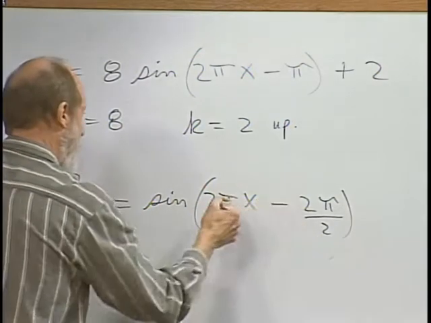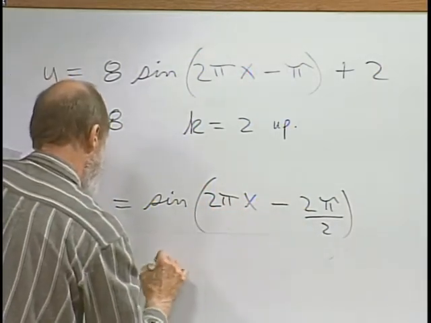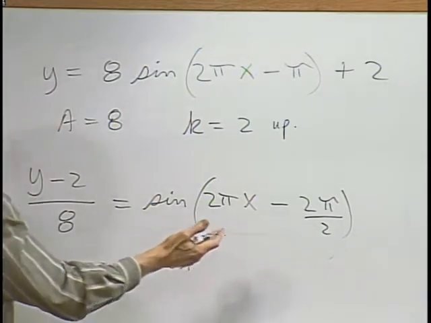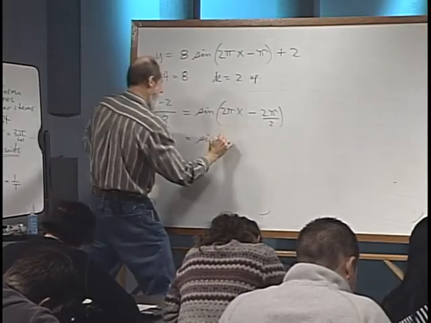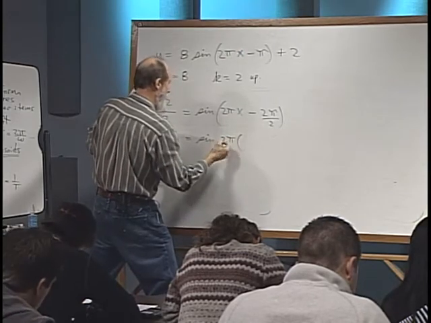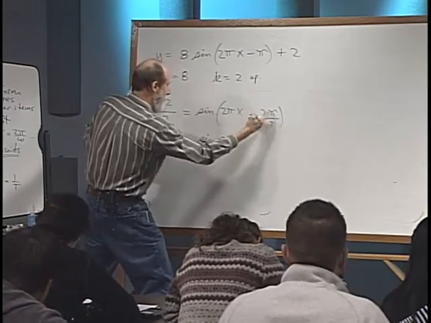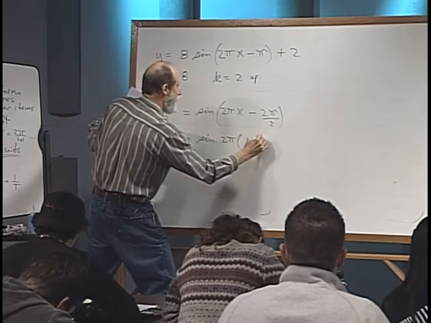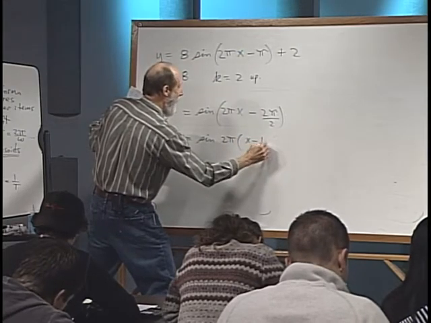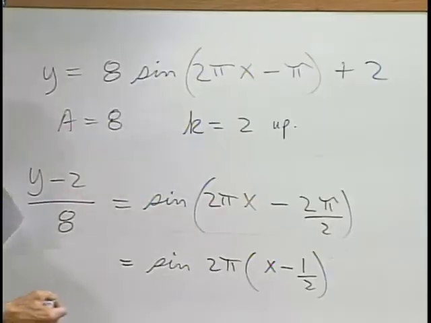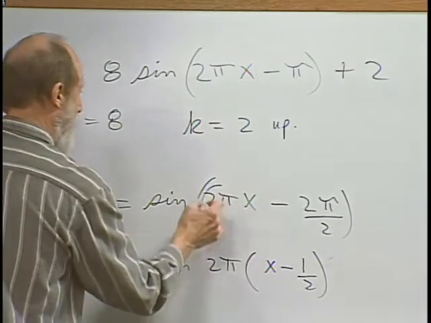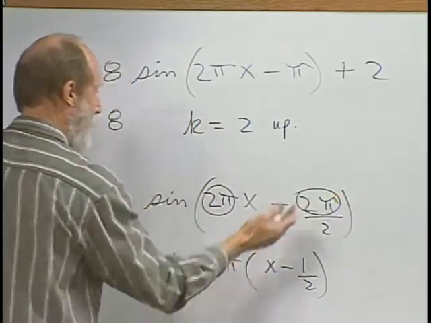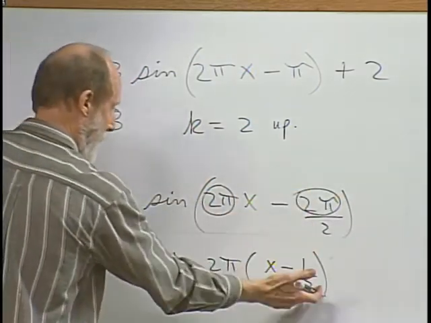Now I'm going to factor out 2 pi, and I'm just paralleling what I showed you previously with omega and phi. I'm now going to factor out the 2 pi inside there with the angle, and 2 pi comes out, and I'm left with x minus 1/2. 2 pi and 2 pi factored out, leaving a minus 1/2 right there.